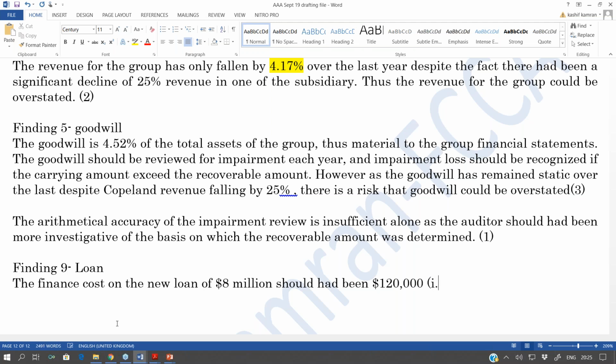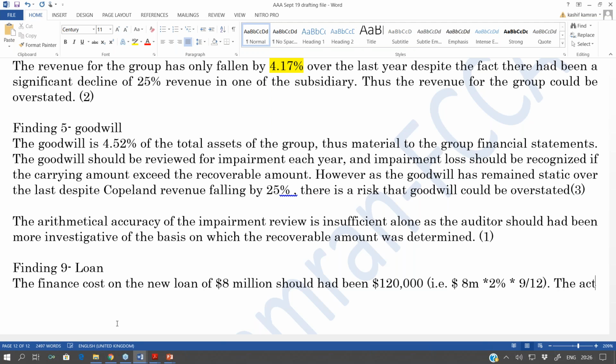That is $8 million multiplied by 2% into 9 over 12. The finance cost on the new loan of $8 million should have been $120,000.